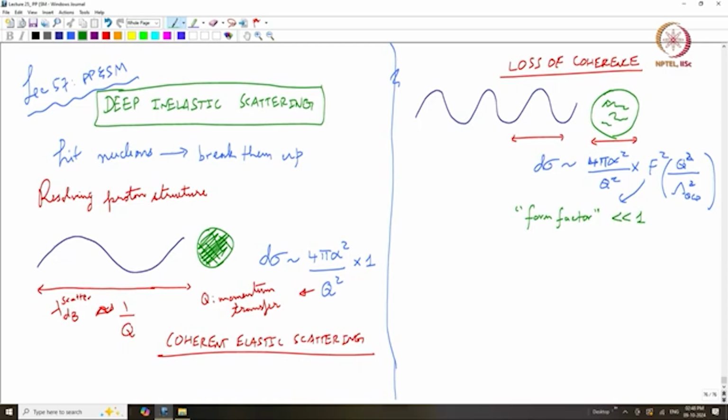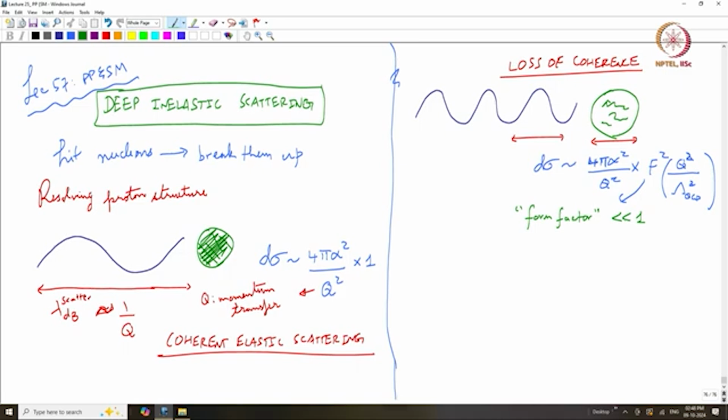And the way it goes is if I increase q, then the smaller the wavelength is, correct, and the more the loss of coherence, so f squared will decrease basically. Basically this means you will lose out on your cross section, your cross section is suppressed with increasing q, momentum transfer, okay.